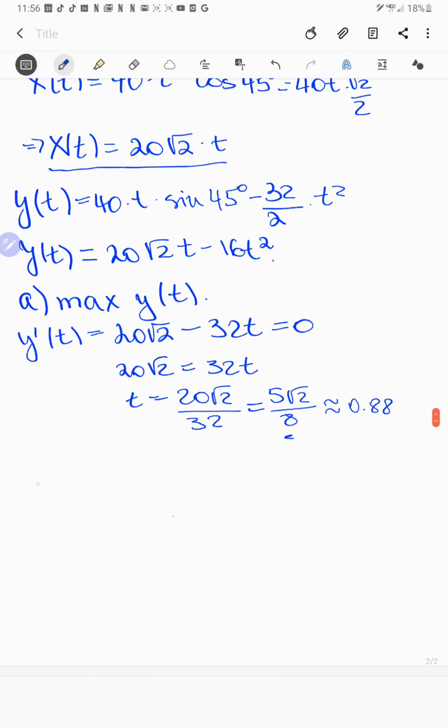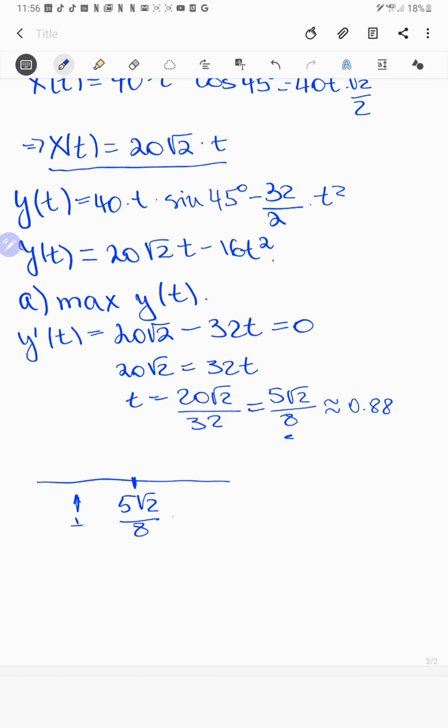So to make sure that this is a maximum, we can plug in this value on a number line and compare the signs to the left and right of it. So let's say, for example, t is equal to 1/2.